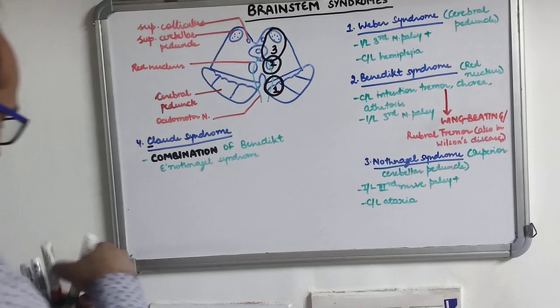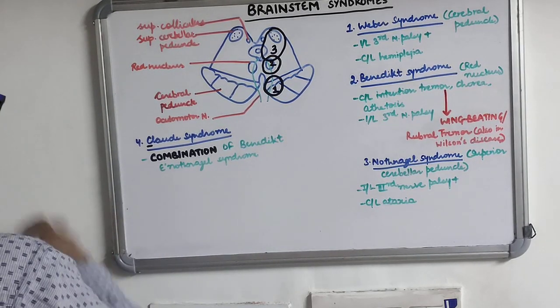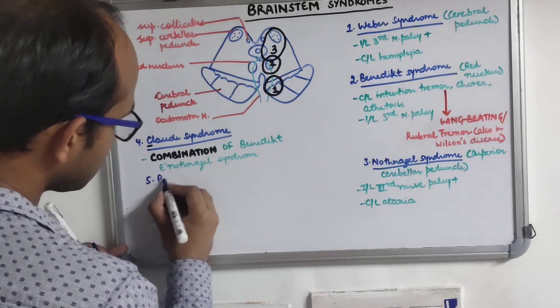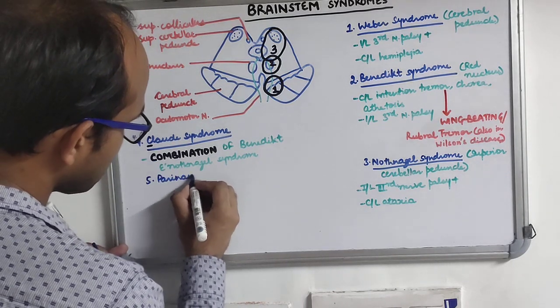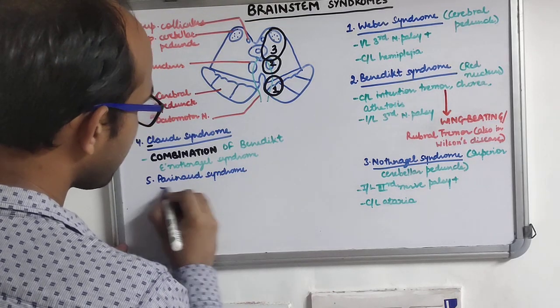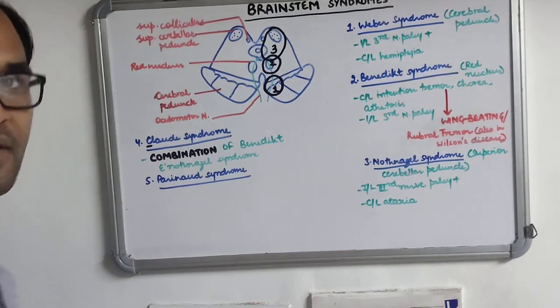Now last but not the least is Parinaud syndrome. Parinaud syndrome occurs when there is an injury to the dorsal midbrain in the region of the superior colliculus.